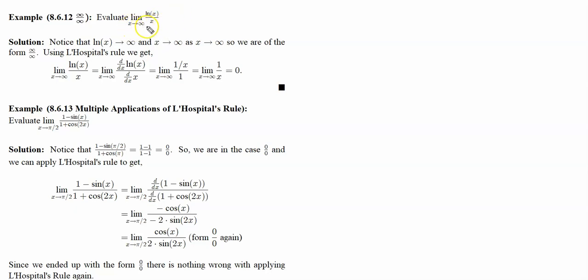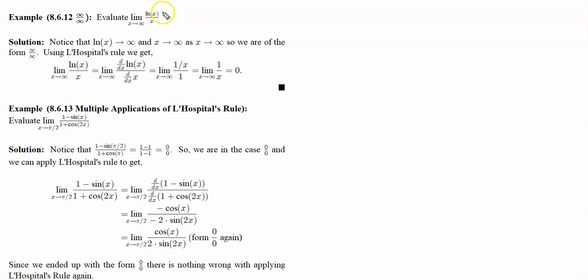You notice as x goes to infinity, the numerator, the natural log of x, does approach infinity. And as x goes to infinity, of course, x approaches infinity. So this limit is of the form infinity over infinity. So we are justified in applying L'Hopital's rule.